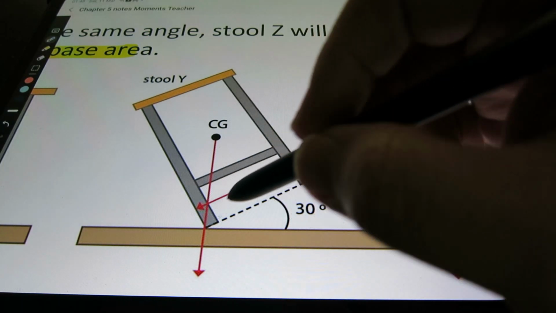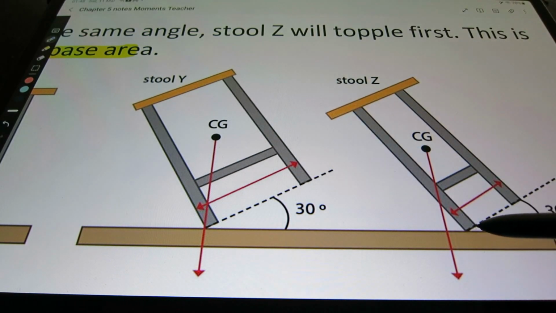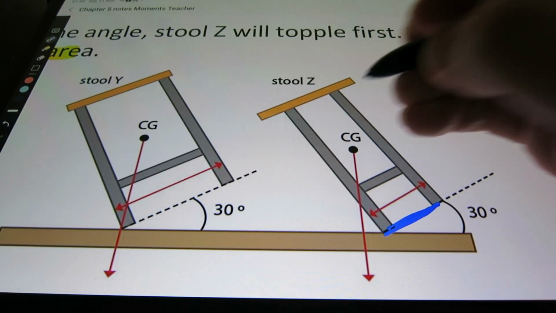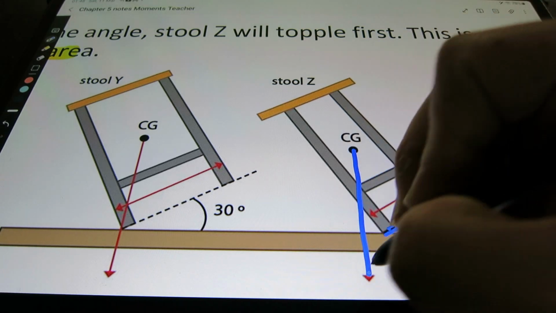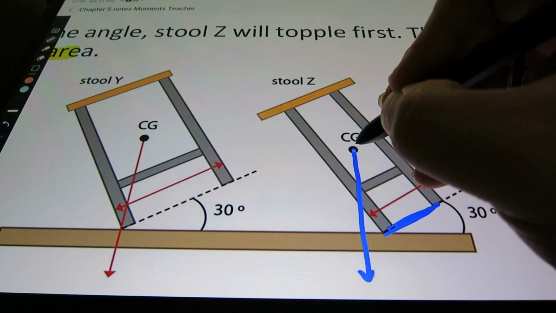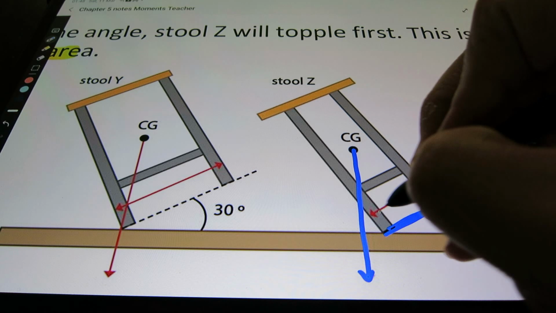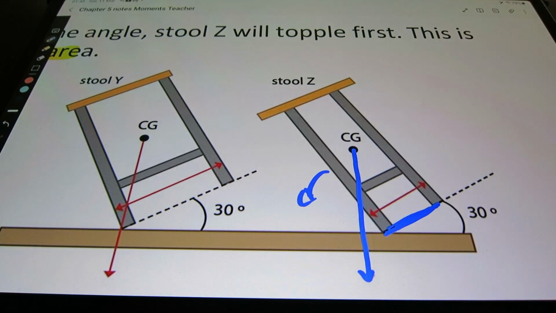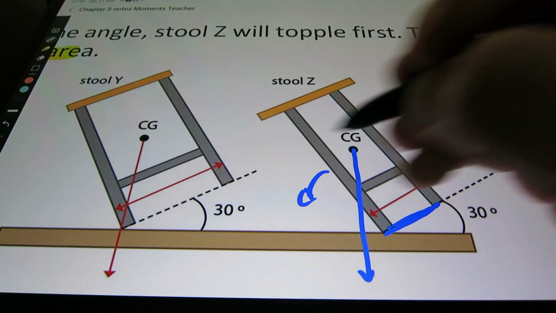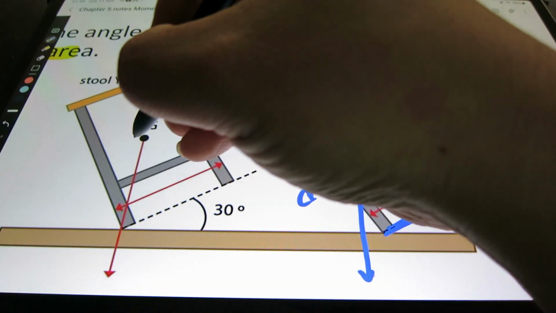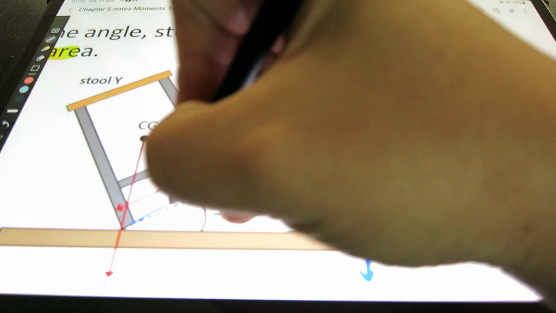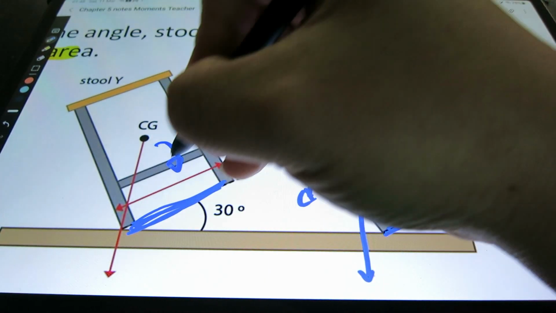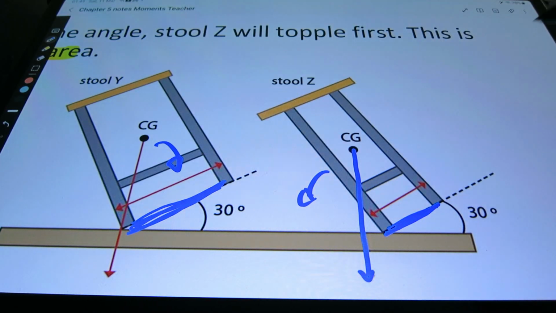When I have an object that has a thinner or smaller base area, once I tilt it even just a little bit, the position of the center of gravity means the weight is going to fall outside the base area, and that is going to cause it to have an anti-clockwise movement, which will cause it to topple. While at the same angle, the weight on the other stool may still exist within the base area, and that will cause it to have a clockwise movement, which will cause it to return back to the original position.